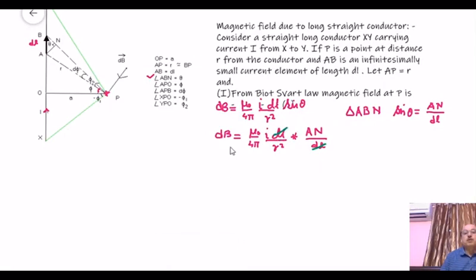So the equation becomes dB is equal to mu naught I AN upon 4 pi r square, right?